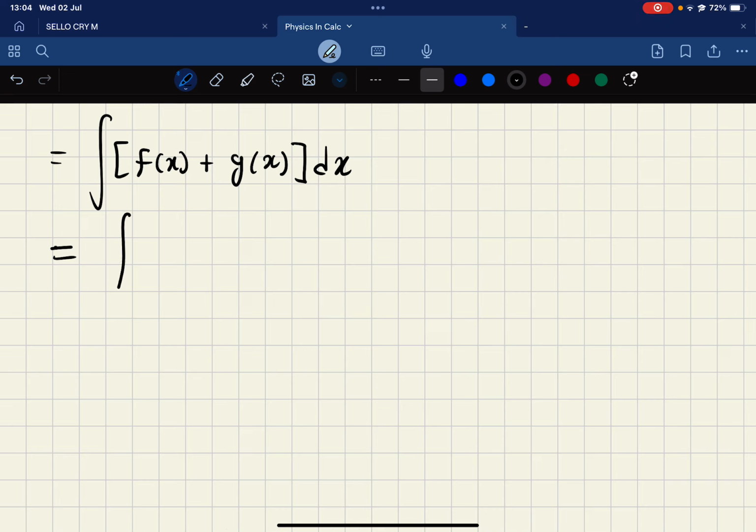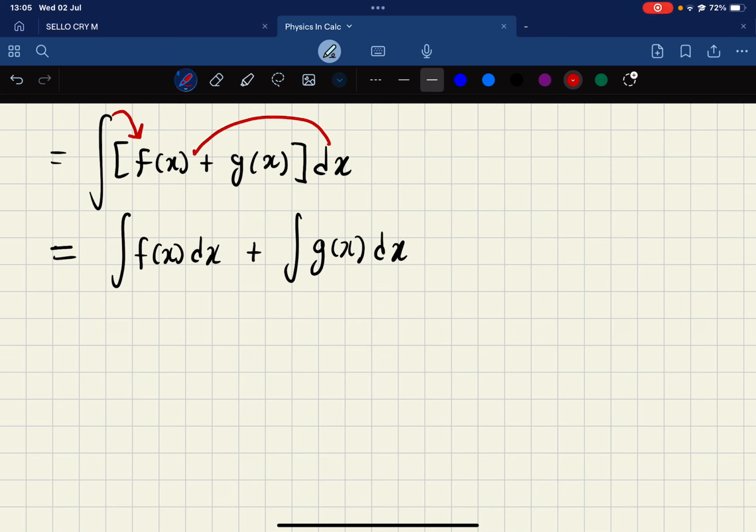Meaning you integrate f of x multiplied by dx, plus you integrate g of x multiplied by dx. If you check, we multiply this side by f of x, and then by g of x, and we also multiply by the integral sign and the dx. Understand?